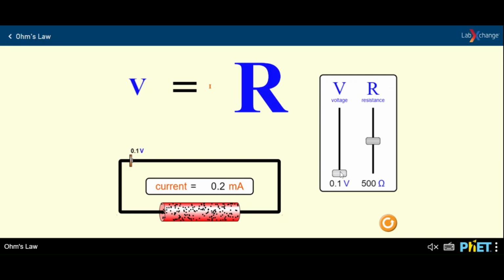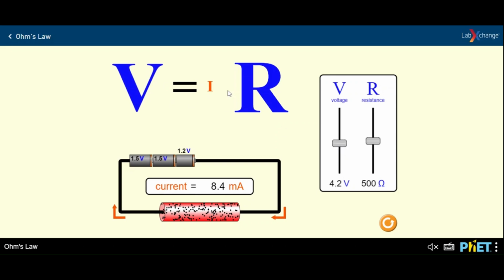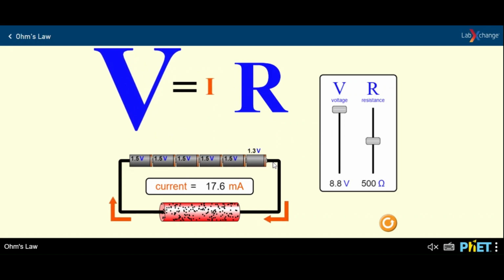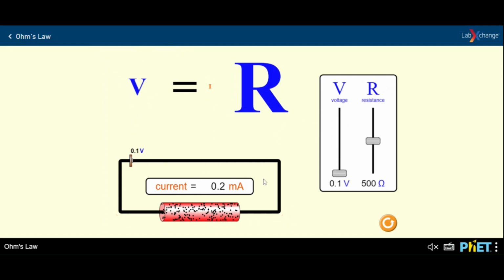So we can say that voltage and current are directly proportional to each other. When one moves up, the other one moves up. When voltage moves down, the current also moves down, or we get a smaller value here. So that is how voltage and current relate with each other. So they are directly proportional.